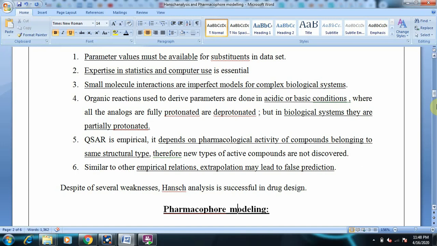Once the equation is formulated, we can apply it for finding out the activity of untested molecules. And for this, there are several limitations, advantages and disadvantages. Apart from all these things, Hansch analysis has been found to be successful in drug design.